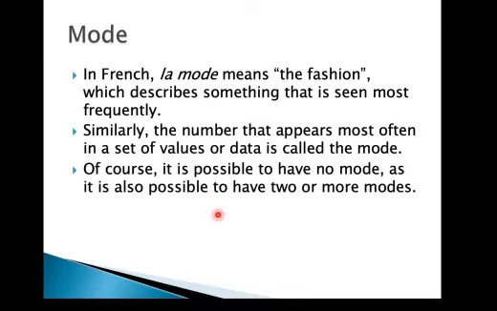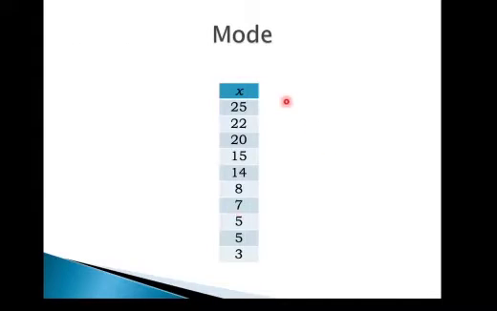1, 2, 3, 4, 5, 6, 7, 8, 9, 10. And then there is no mode. So we call that set of data amodal. So we have this set of values. So the mode is 5.